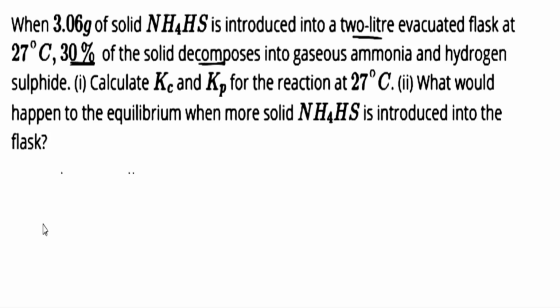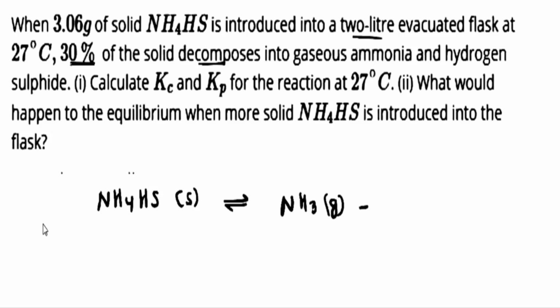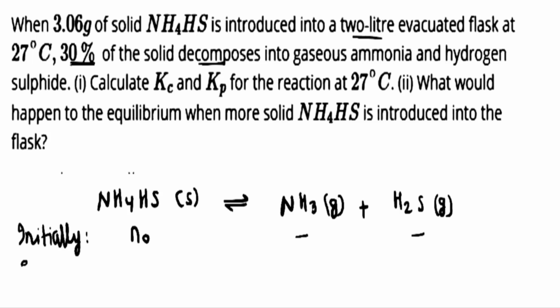So basically, the equilibrium is NH4HS, which is our solid, getting decomposed into NH3 gas plus H2S gas. Initially we have say N0 moles of NH4HS and none of the NH3 and H2S are present in the vessel.